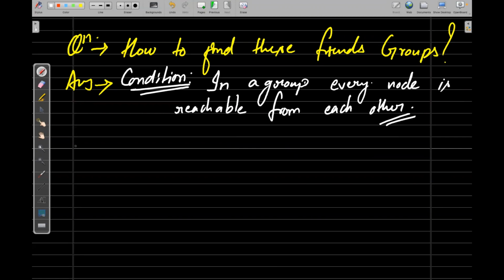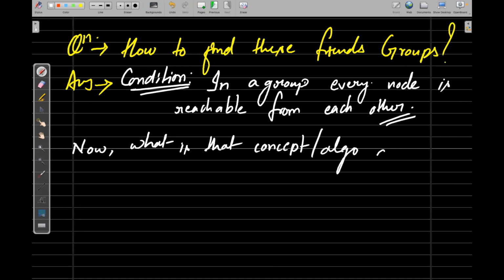So now what is that concept called? Concept, or you can say algorithm, whatever name. You must have heard, no? How does this happen?